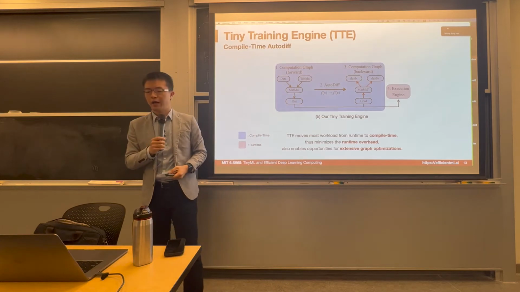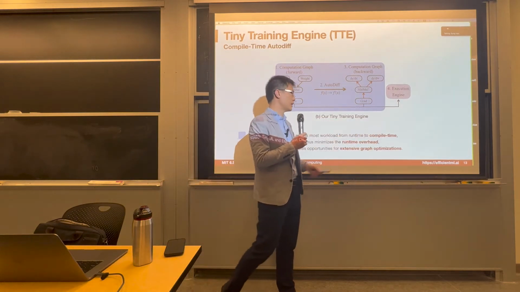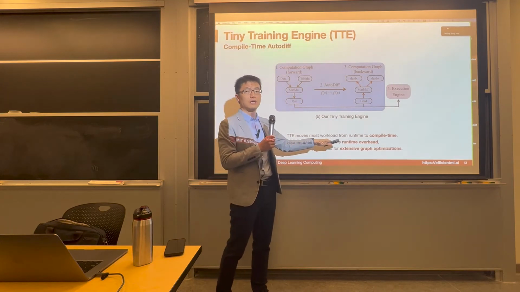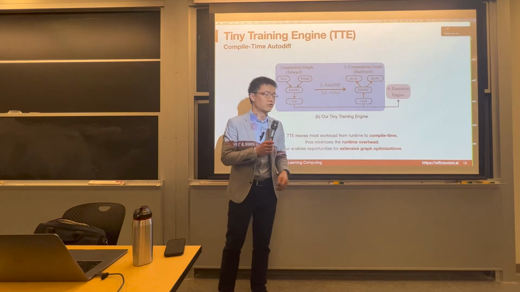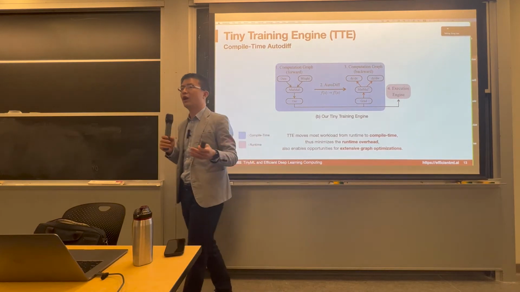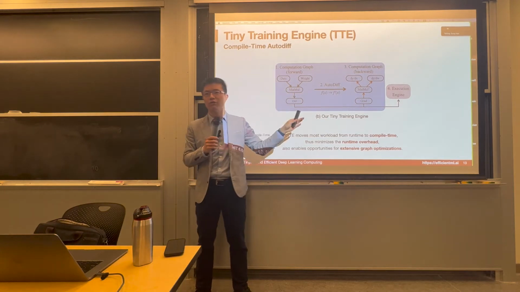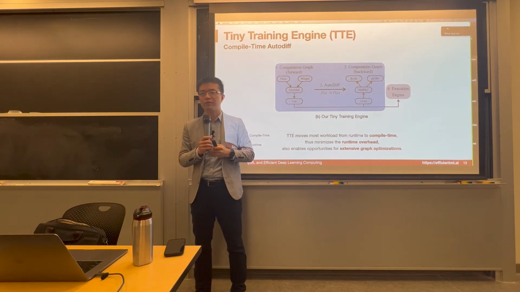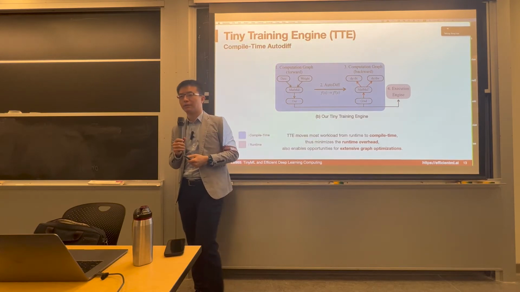So we can offload most of the workload from runtime to compile time, okay? Thus minimize the runtime overhead, and also support opportunities for a lot of graph optimizations, which can be done since these are all static. We can perform a lot of graph optimizations, such as operator fusion and operator reordering, etc., during compile time.